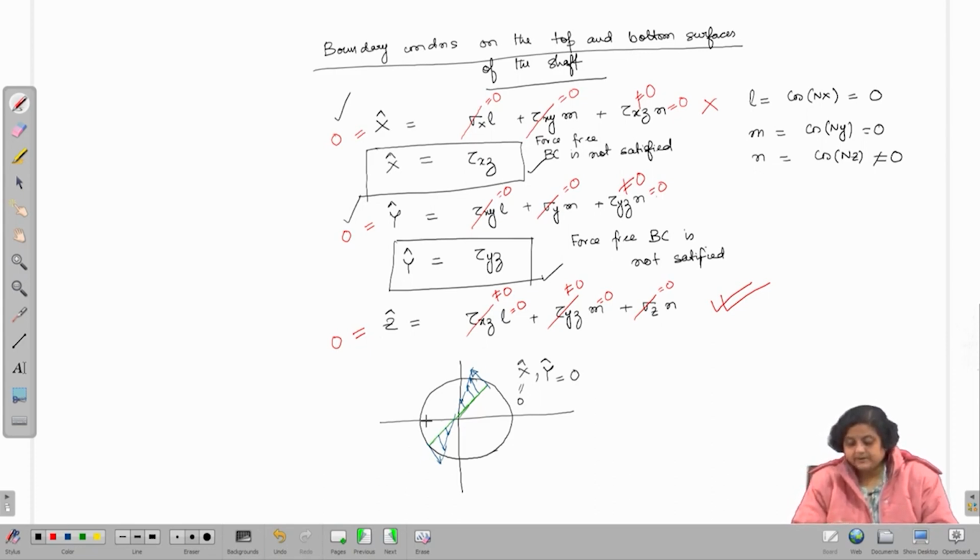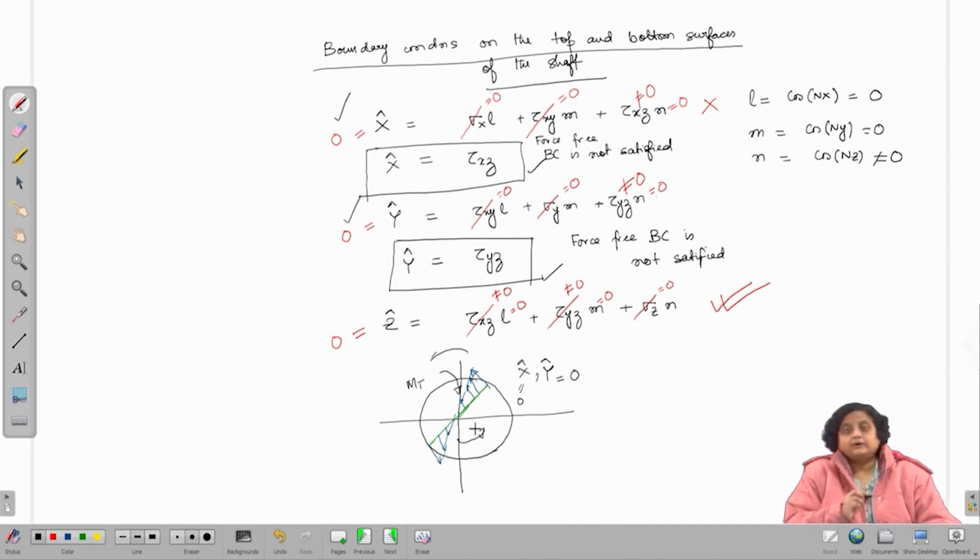But what will they produce? The net forces will be 0, but they will produce a net torsional moment Mt. So, the resultant of applied force like this will produce a torque Mt, as you can see from the distribution of the force. So, this is going to produce a torque like this.